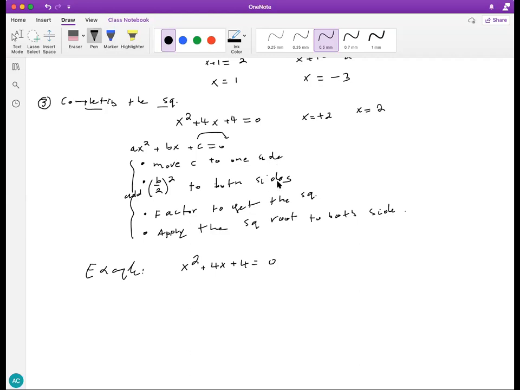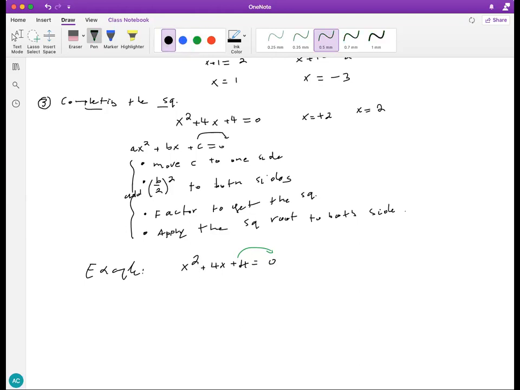At first we can move the 4 to the other side, so it's going to be x squared plus 4x equals minus 4. We're going to move this completely over. That's what this first step is. Once the equation is in standard form, we move c to the other side.